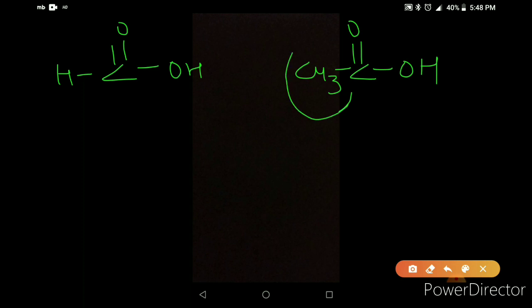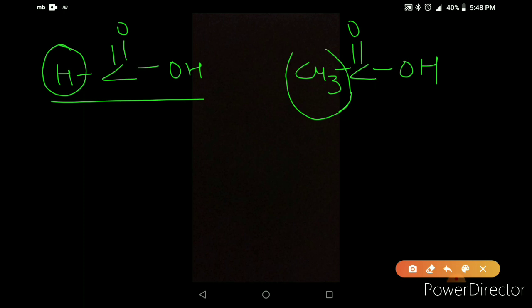If minus I character increases the acidic character, then obviously the plus I will reduce acidic character. So I have taken the simplest example of formic acid and acetic acid. So now there is no minus I, only plus I. In formic acid we have no alpha carbon, only H group is there.